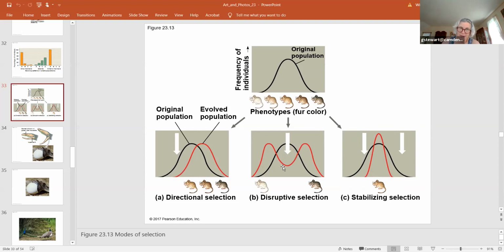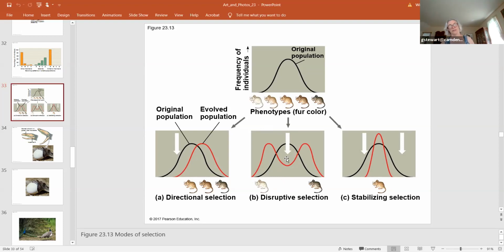A different subcategory of natural selection is what we call disruptive, and you can see the mean is being selected against here. See how the white arrow is pushing down? That means, if this was an original population forming a bell-shaped curve, in the case of disruptive selection, the mean is selected against and the two extremes are selected for.